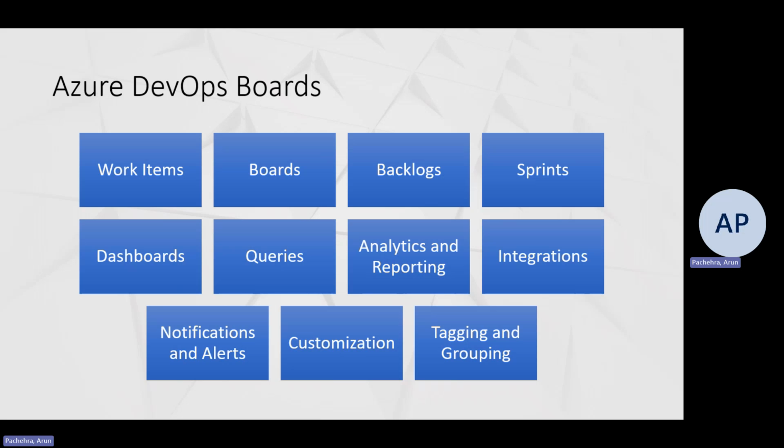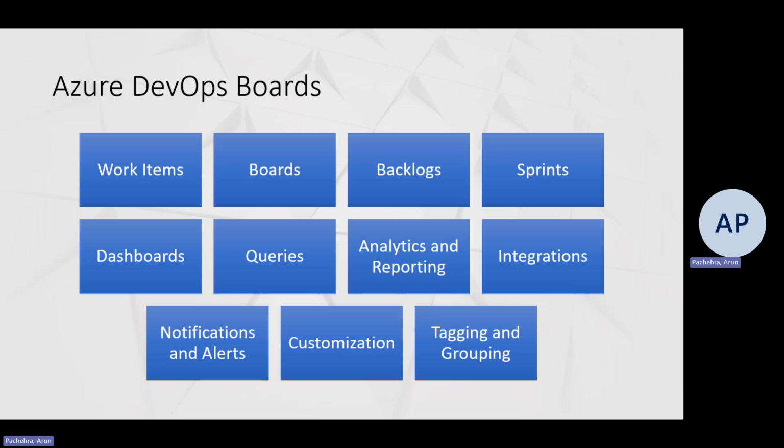Azure DevOps has the capability to integrate with other Azure DevOps services like Repos, Pipelines, and Test Plans, as well as external tools. A team integrates Azure Boards with Git repositories in Azure Repos, linking commits and pull requests to the work items.